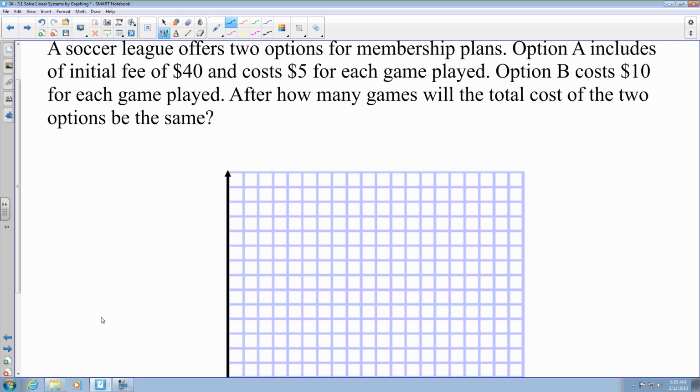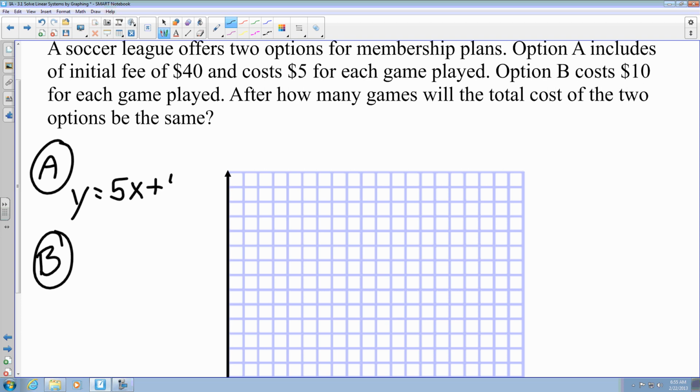So I need to write two equations. I need to write one for option A, and then I need to write one for option B. So option A says that I'm going to have some value y, which is the total cost, whatever it may be. It says it's $5 per game, so I don't know how many games it is, so I'm going to put that as x, but there is an initial fee of $40.